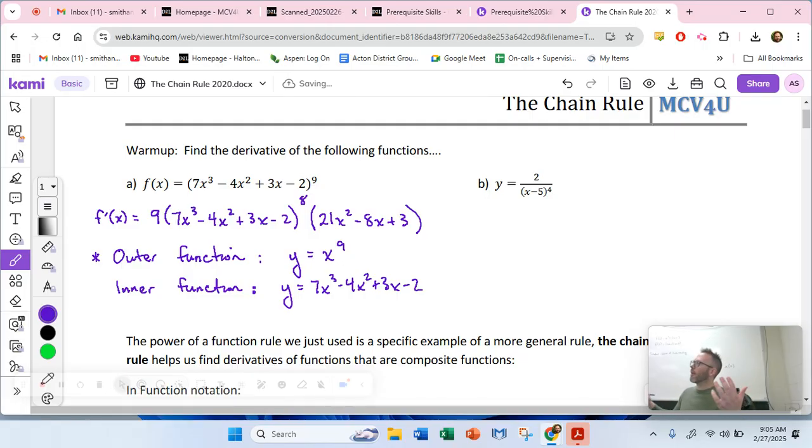It's a composite function. And again, you guys have already been taking derivatives of composite functions. Now we're just calling them composite functions. Life is good. Can you guys try the next one?